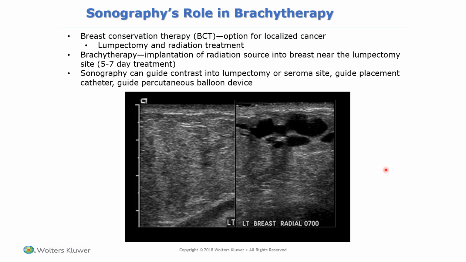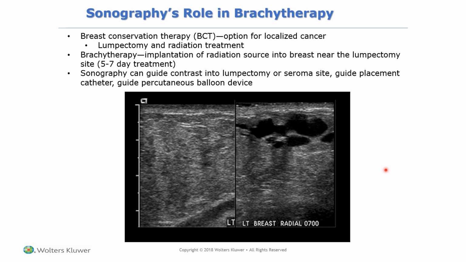So they would remove the cancerous mass and then insert a radioactive material that would emit radiation to hopefully kill any cancerous cells that may be retained in the margins of where the lumpectomy was completed. And so we could assist in the placement of that radiation source into the breast.